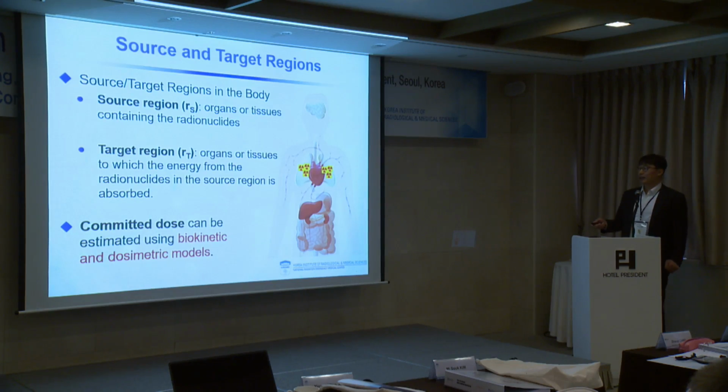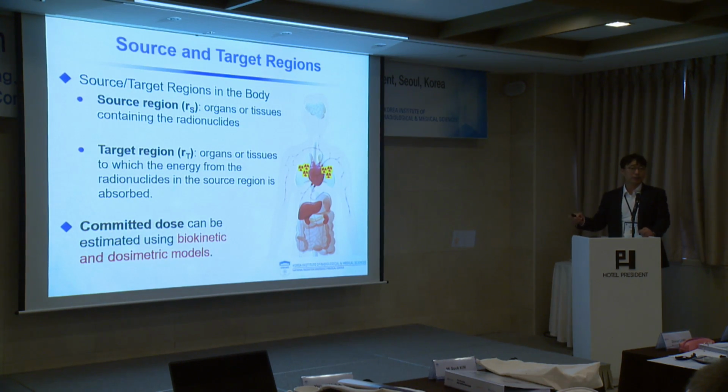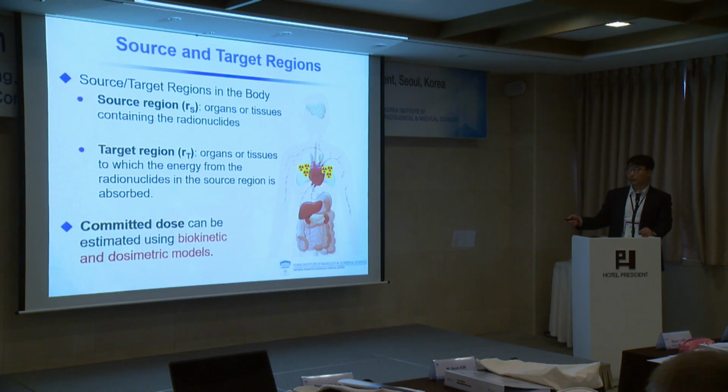So let's look at this picture. In this case, the source region is the lung, because radionuclides are distributed in the lung like this. The source region is just the lung, but the target region will be lung as well. And additionally, the other organs and tissues like liver, stomach, and the intestine will also be target regions from the radiation energy emitted from the source region.